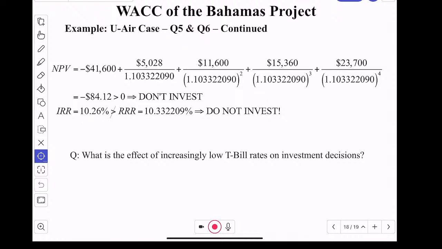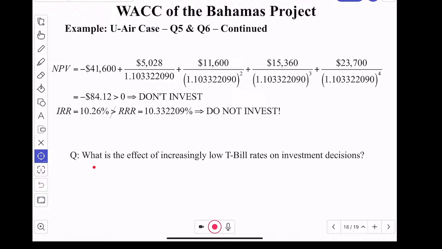So if the risk of the equity is adjusted to such an amount, like 5.5, the beta becomes 5.5, that moves us to not invest in the Bahamas project. It's not profitable any longer. Any questions?